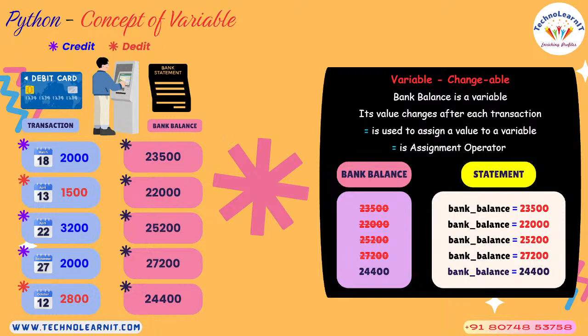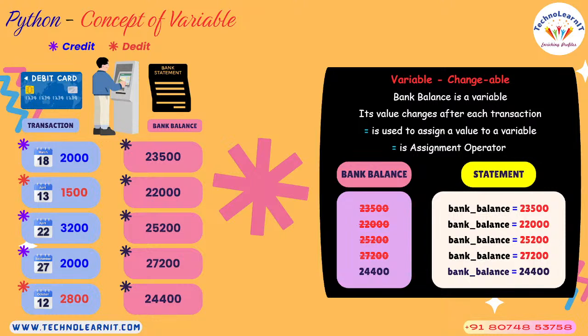You see, later the bank balance has become 22,000. So you use the same variable name, bank balance, but assign a different value to it. Makes sense? That is how you can see multiple assignment statements coming out.